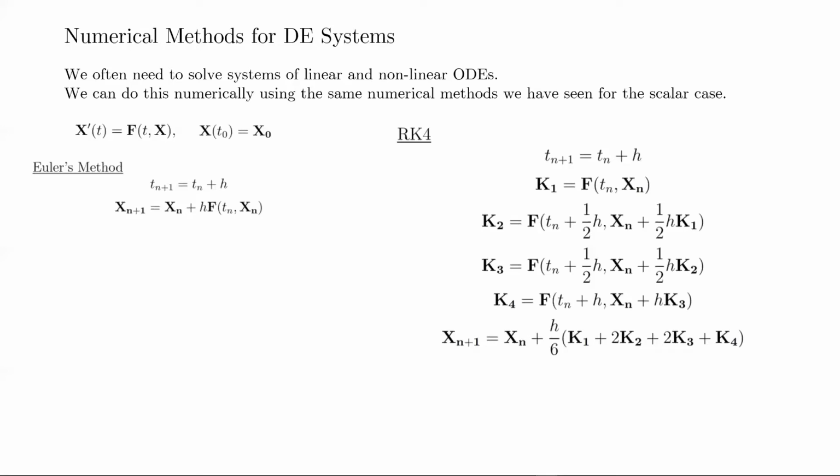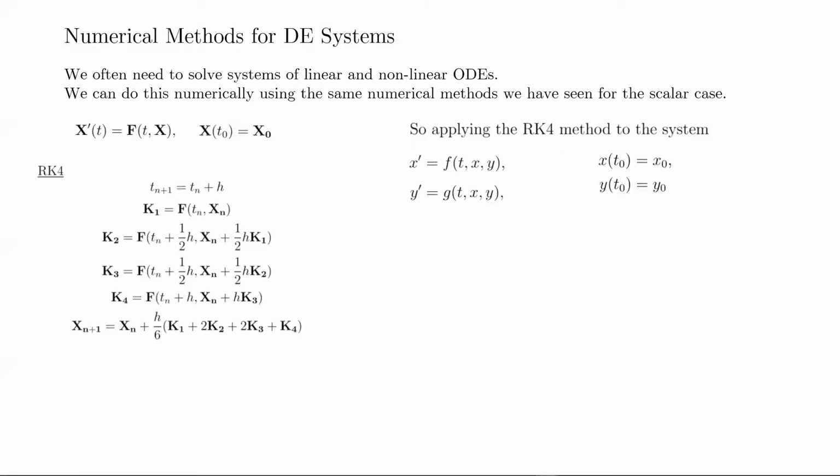So if I'm trying to solve a system of two first order ODEs, then I have two dependent variables. So this vector xn is actually made up of two variables. The k terms here, which are the predictor steps, are now, of course, vector terms.